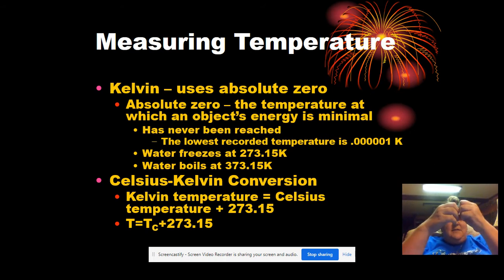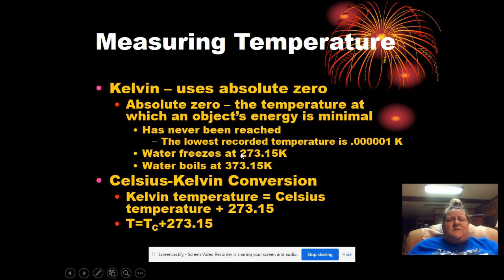So instead of saying the temperature at which the object's energy or molecules stop, we say the energy is minimal because we haven't quite attained it yet. Okay, so on the Kelvin scale, water freezes at 273. We can drop the 0.15 for now. We're going to keep it easy, 273.